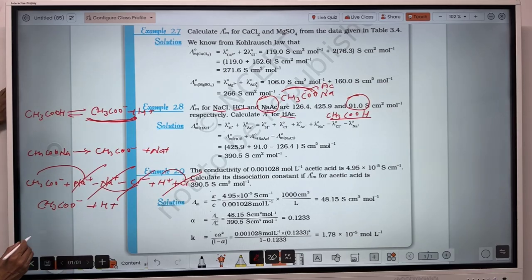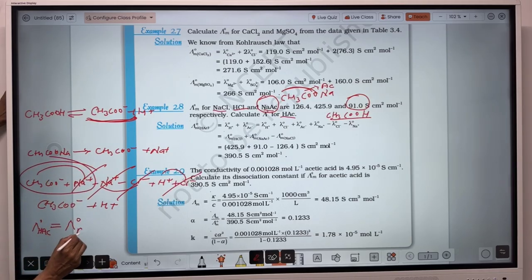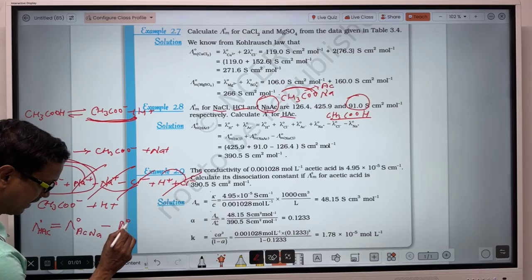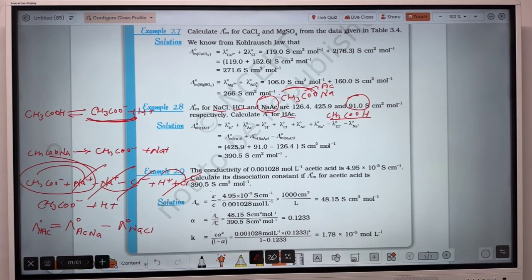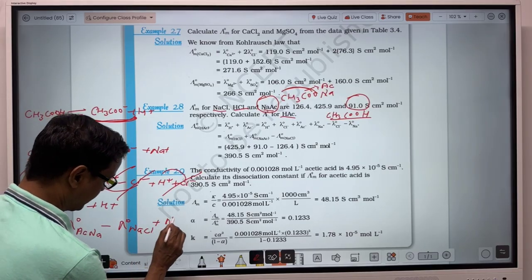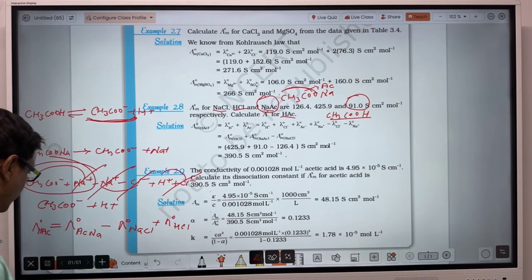That means the limiting molar conductivity of acetic acid, HAc, will be equal to the limiting molar conductivity of sodium acetate, minus the limiting molar conductivity of NaCl, plus the limiting molar conductivity of HCl.